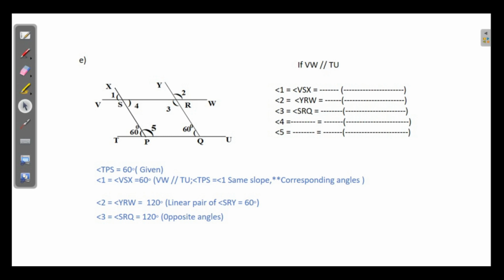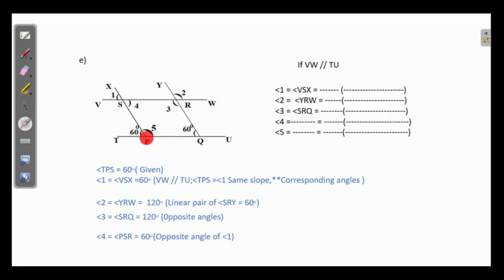We have just written about angle 2. So the opposite angle of angle 2 is angle 3. That we can write like this. Then angle 4. What is the name of angle 4? Angle 4 is angle PSR.